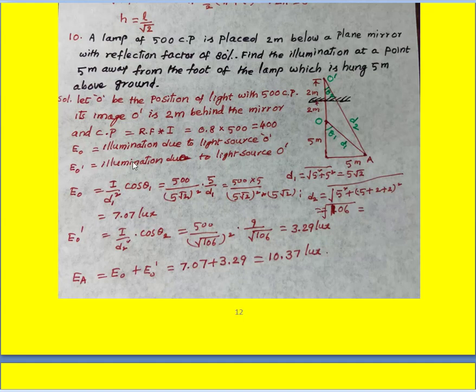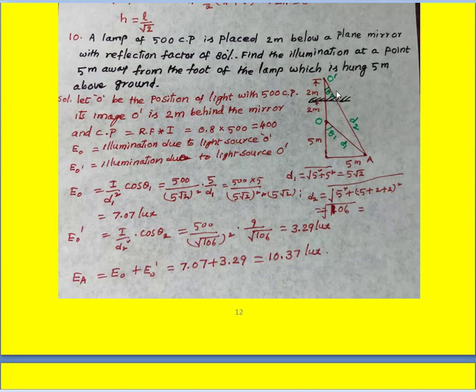Now we assume E0 is the illumination due to the light source O, and E0 dash is the illumination due to the light source O dash at point A. To get E0, we write the equation I by d1 square cos theta 1.